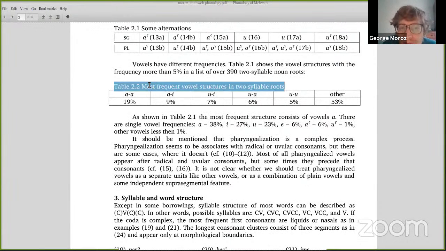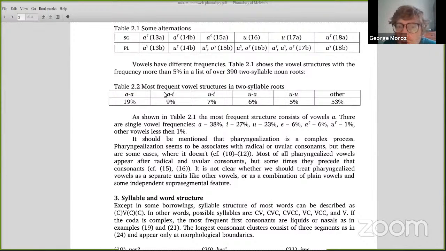So here I analyzed two-syllable roots. And then you see that there are some tendencies with combinations like a, I, ui, ua, uu, and the frequency of those combinations is really different. The a is really common.